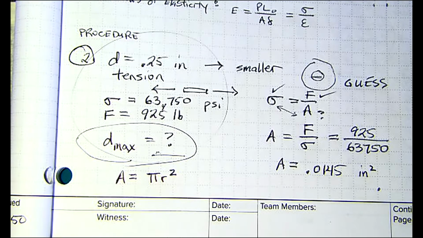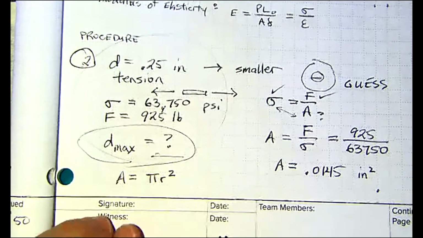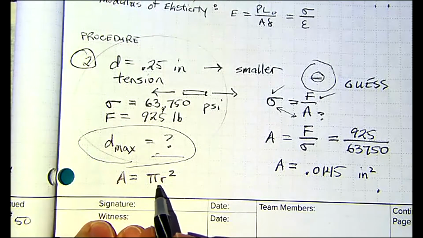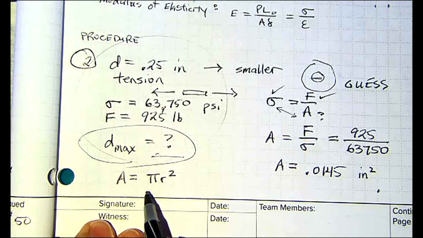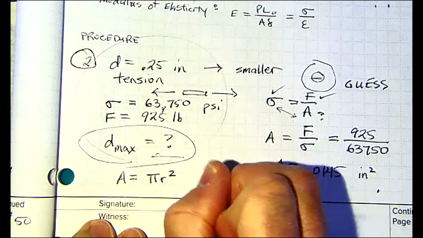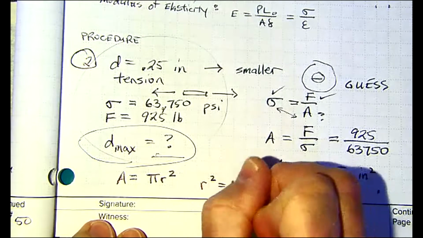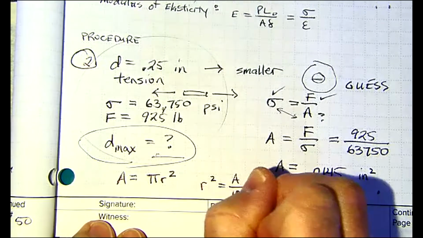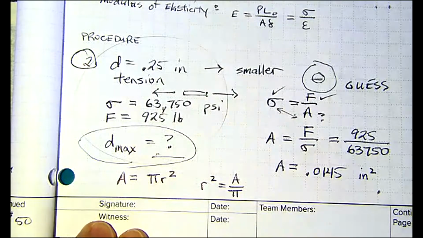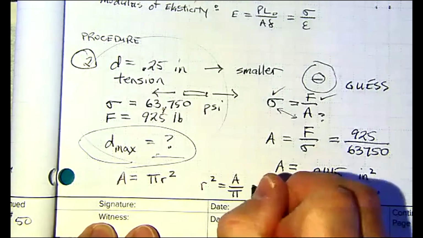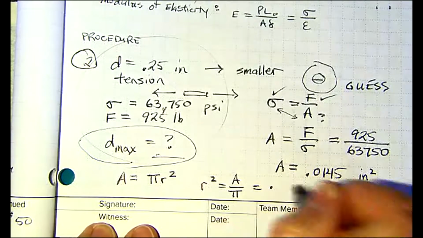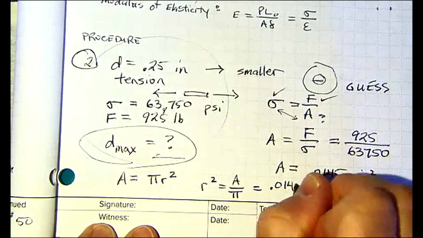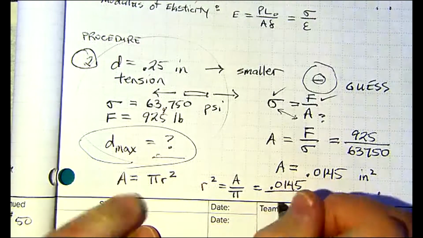Okay, so a little bit of algebra again. R squared is being multiplied by pi. So if I divide by pi, I can just get R squared by itself. So R squared equals A divided by pi. All right, that's nice. And then that is equal to, we just got the A value of 0.0145 divided by pi.